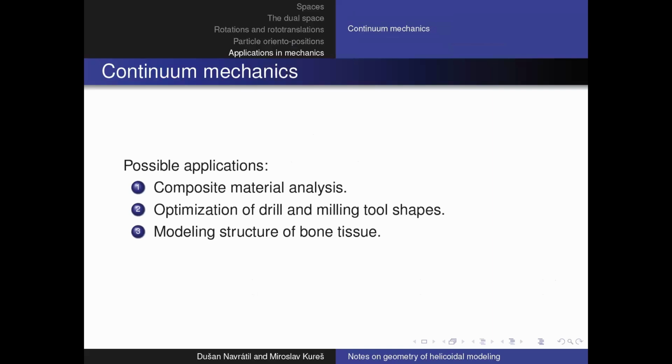So how can this be applied in practice? You can, for example, consider fiber reinforced composites, where each fiber translates and rotates with respect to the matrix, which can affect the general behavior of the material.